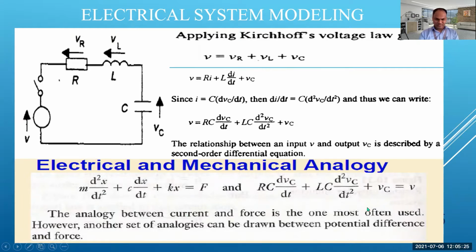If we see the analogy, the same kind of equation we get here in electrical also. So here second derivative of Vc, first derivative of Vc, and Vc will come into picture. The analogy will give you the potential difference, force, etc.